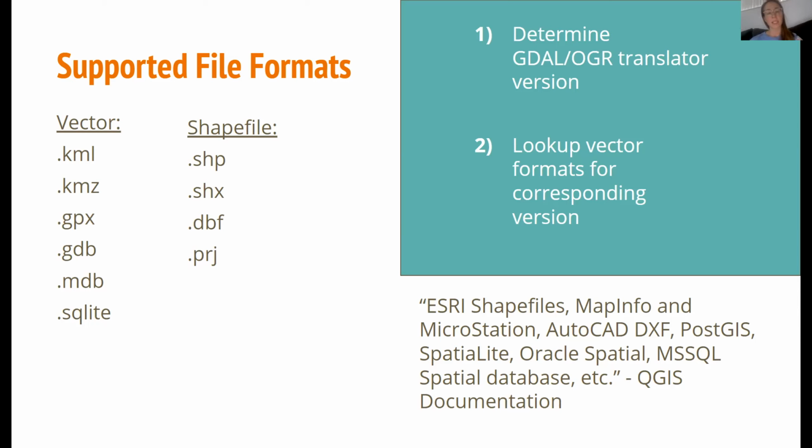Secondly, I was looking at the general QGIS manual, and they list that their aim with their software is to have Q be able to import Esri shapefiles. So that's anything from any other type of GIS software, so that could be ARC. Then you also have MapInfo and MicroStation files, AutoCAD, PostGIS, SpatiaLite, Oracle Spatial, MS SQL, and Spatial Database.